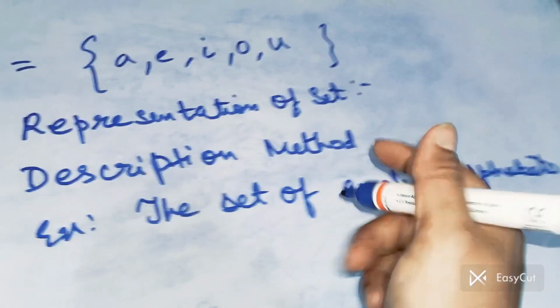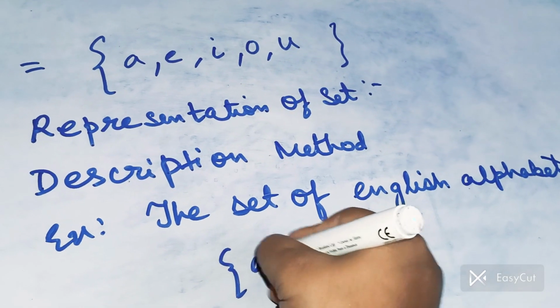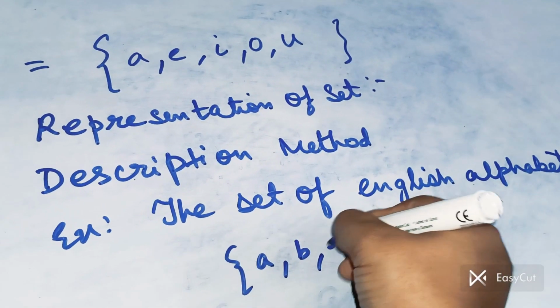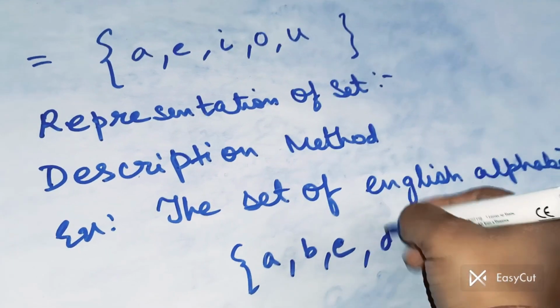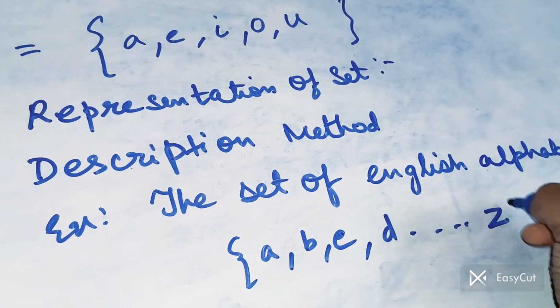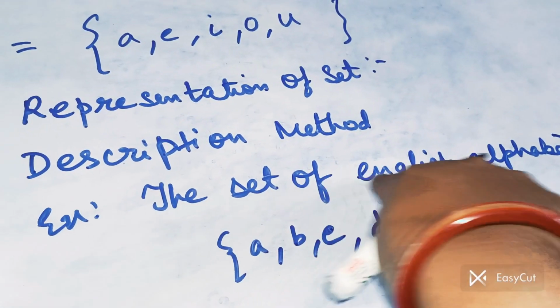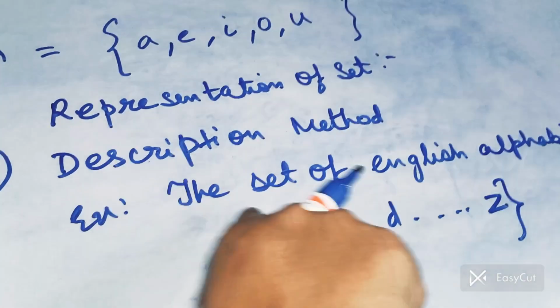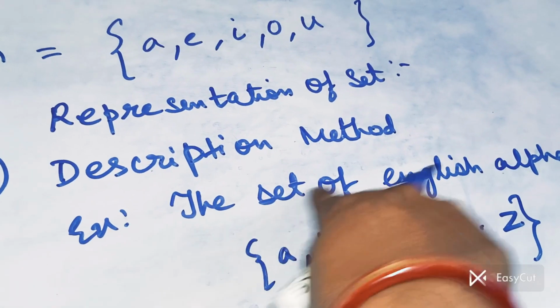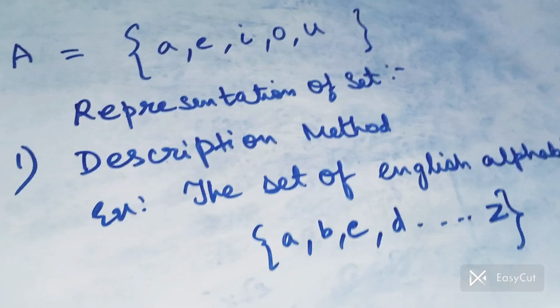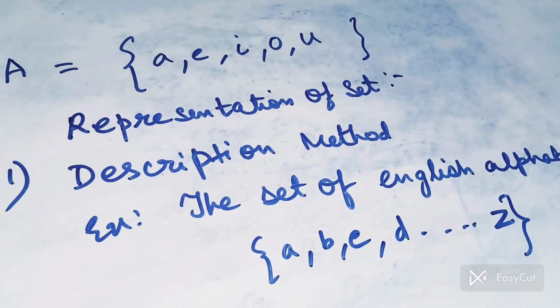The set of English alphabets will start from A, B, C, D and so on up to Z. This is the description method. Writing like this, the set of the English alphabets, is the description method.